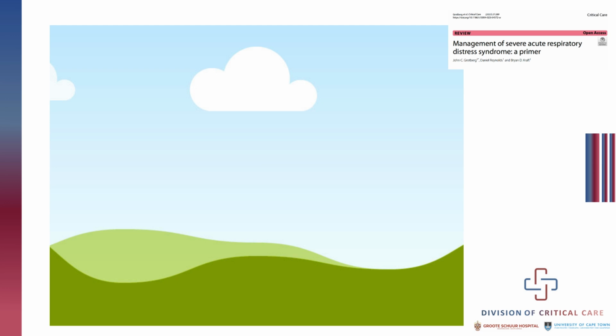As the RV doesn't tolerate high pressures, it starts to dilate, as you can see on the right here, and it starts to impact on LV filling. So this septum starts to move paradoxically into the left ventricle, and we see essentially acute cor pulmonale as a result of worsening ARDS.